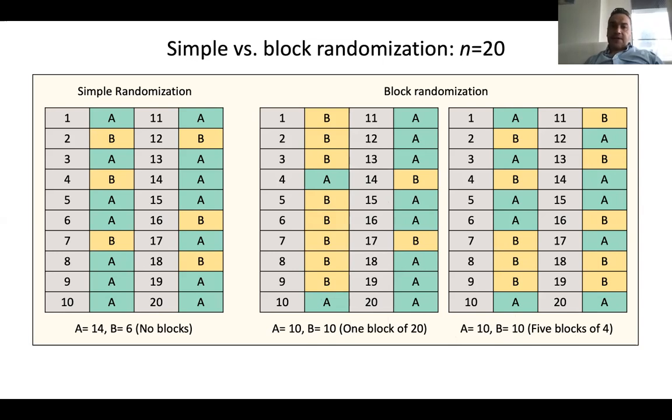The problem really is with the small clinical trials. So I think you may understand why it's important to use blocks, when to use blocks, why block randomization is important, and what is the main disadvantage of simple randomization.